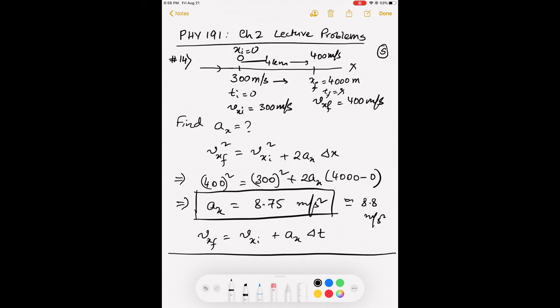And then you know vxf, you know vxi, you know ax now, which is 8.8 or 8.75. You could easily find delta t, and you know that ti equals 0. So all you need to find is tf, and you would be able to find that. Okay. All right, so with this, I'm going to stop here and then we'll come back with the next problem video.